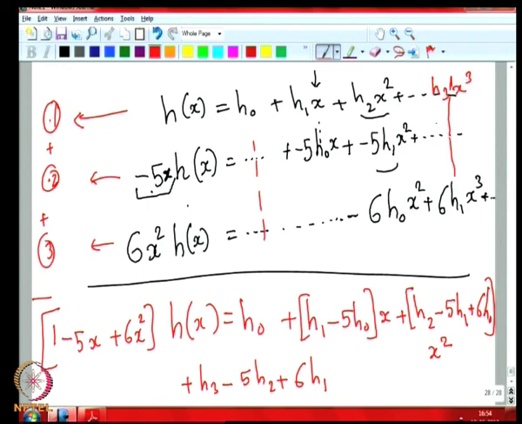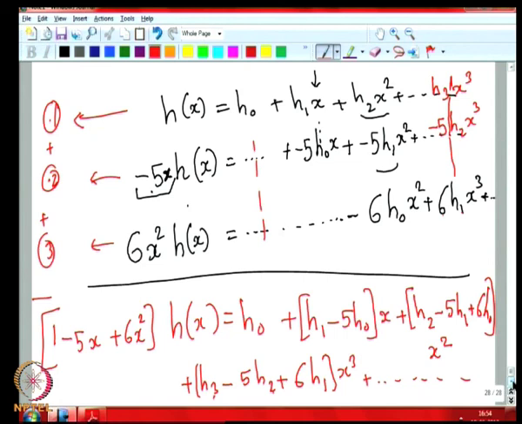Here we have minus 5h2 x cube, right, and here we have 6h1 x cube, right. So h3 minus 5h2 plus 6h1 into x cube, and from now on it will be the same thing, h4 minus 5h3 plus 6h2 into x4 and so on.